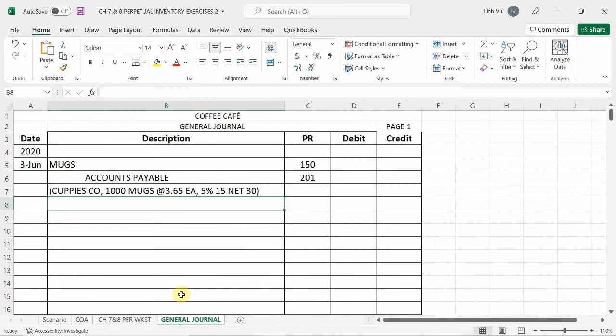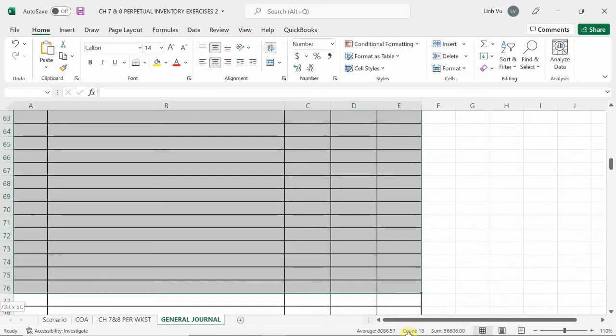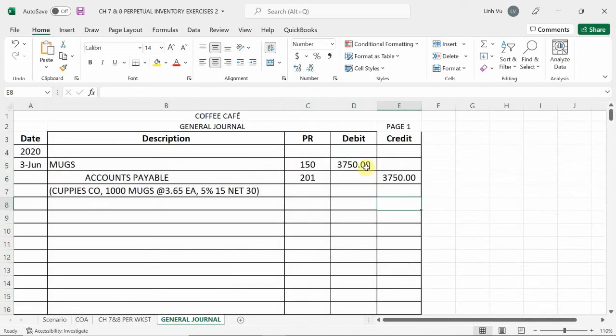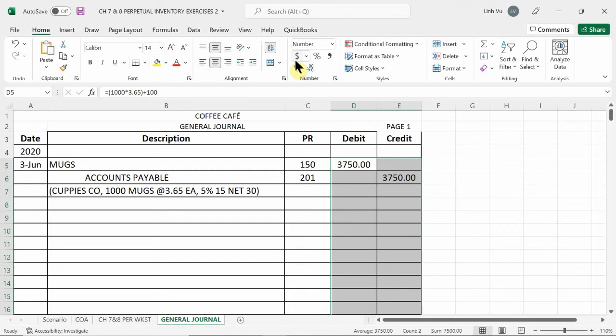We add it onto mugs, and everything goes straight into inventory. So let's figure out what 1,000 times $3.65, plus that $100 freight, is. What should you get? $3,750. Okay, good.